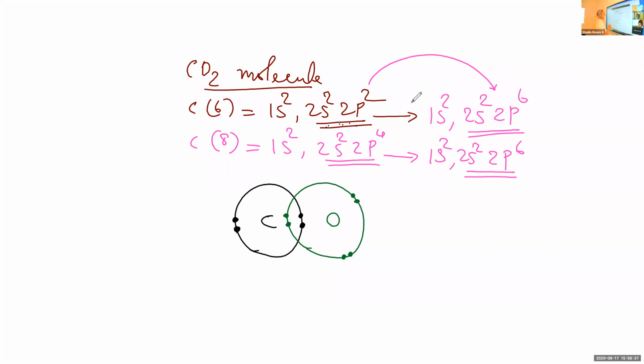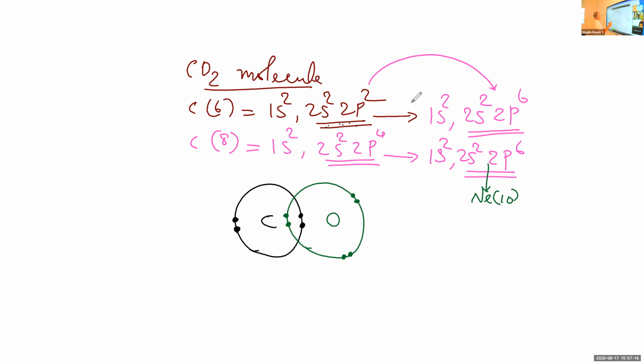So totally 6 electrons and 2 electrons from the carbon atom, so that oxygen can complete its octet in the outermost shell. Within the green circle, there are 8 electrons. The octet is completed, and that is the configuration of neon, atomic number 10. Both are getting the configuration of neon.